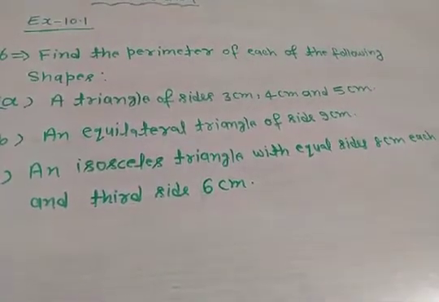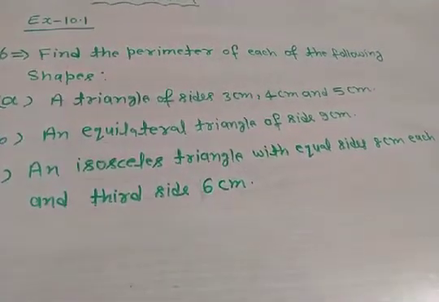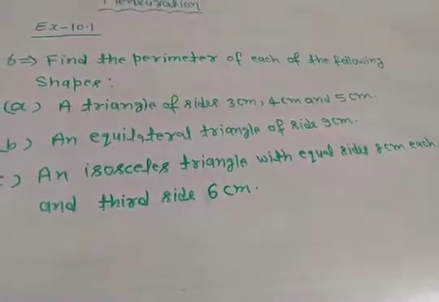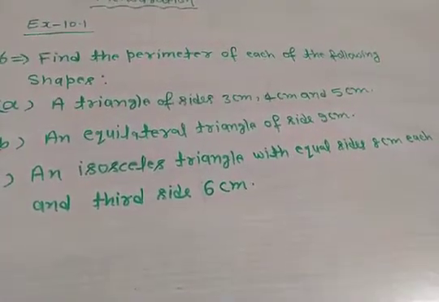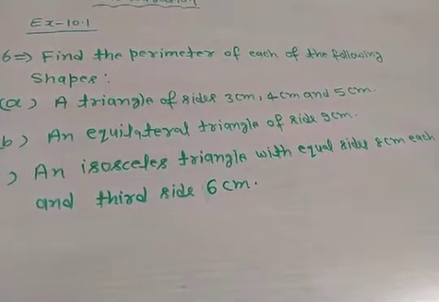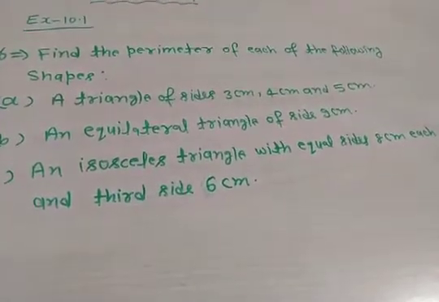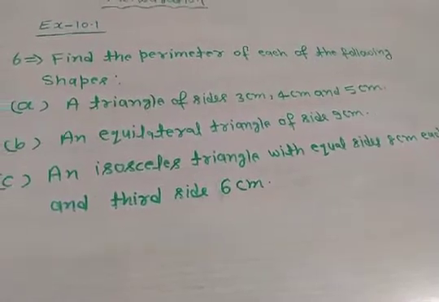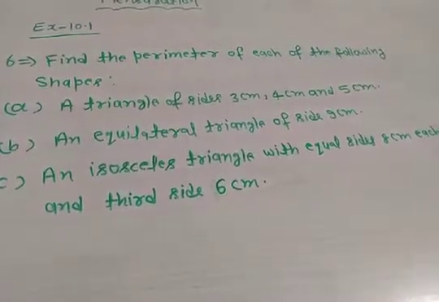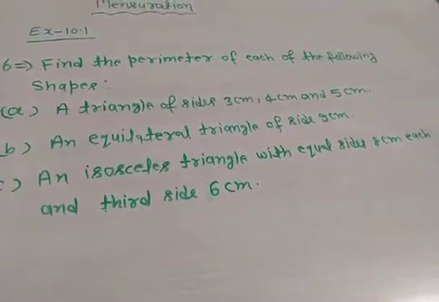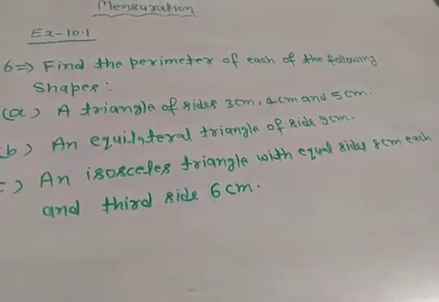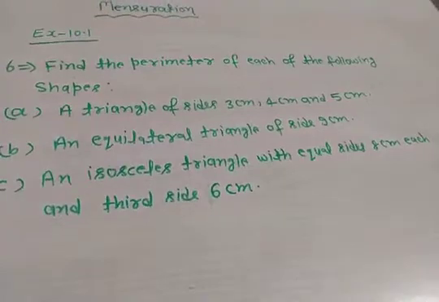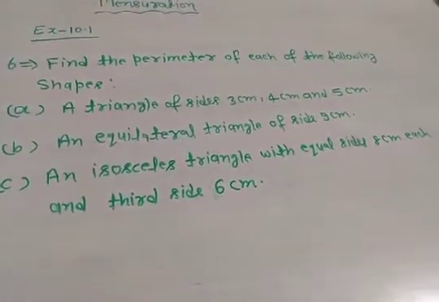B, an equilateral triangle of side 9 cm. Students, you know that all sides of an equilateral triangle are equal in measure. And next, C is an isosceles triangle with equal sides of 8 cm each and the third side 6 centimeters. Okay, so let's see.